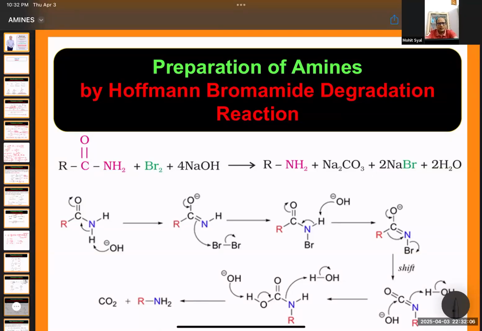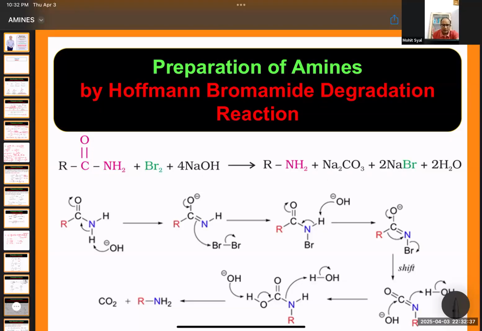So step down basically means what? You are actually decreasing the number of carbon atoms. So suppose you want to get an amine with one carbon atom less, then you should think of this method.